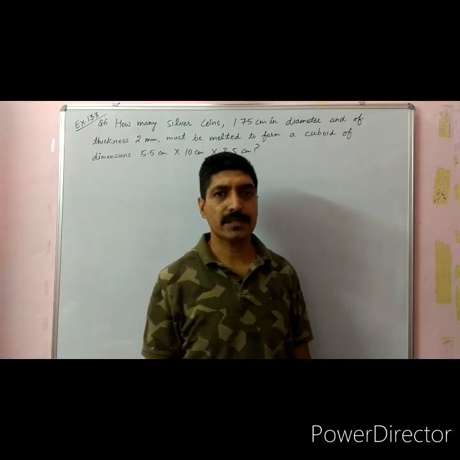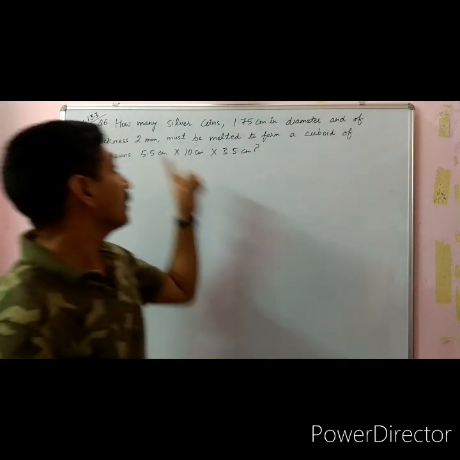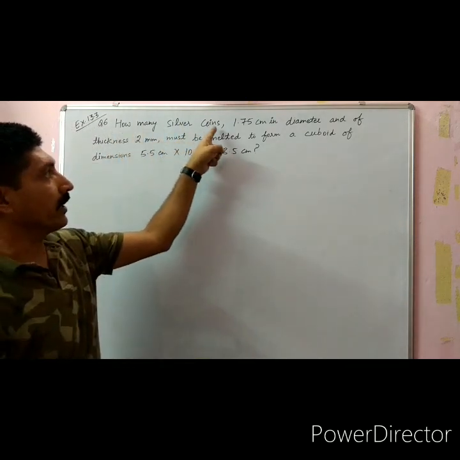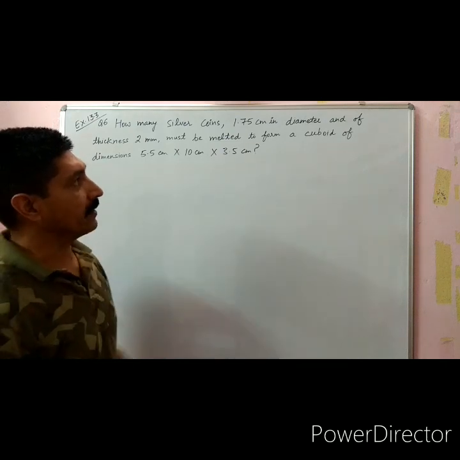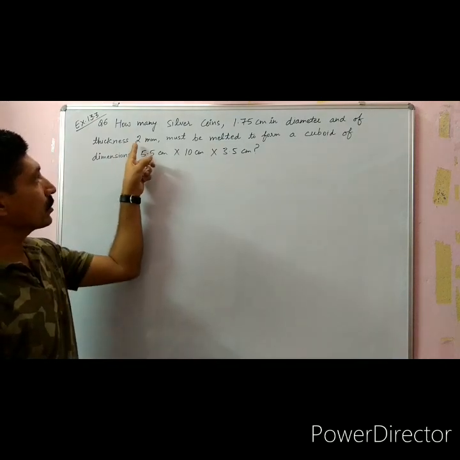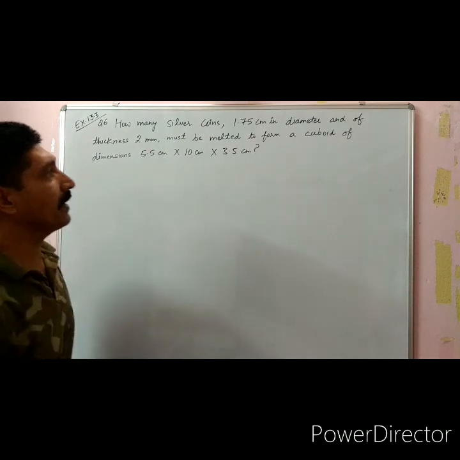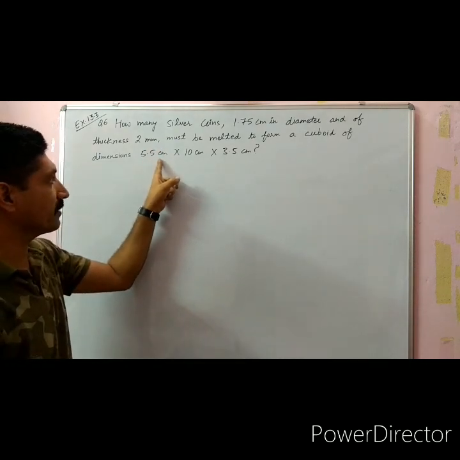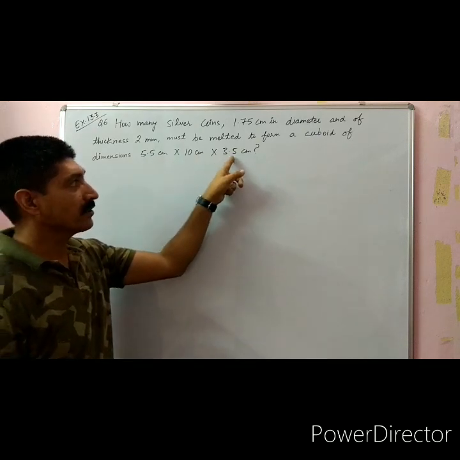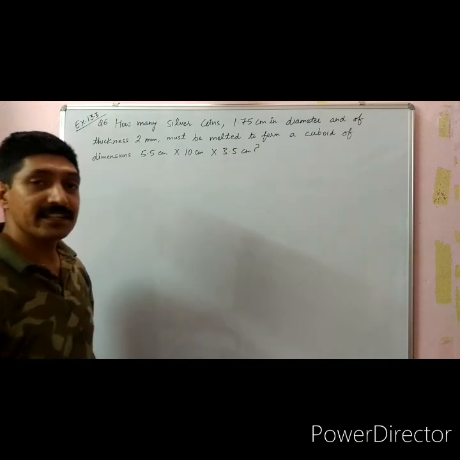Question number 6. The statement is, how many silver coins 1.75 centimeter in diameter and of thickness 2 mm must be melted to form a cuboid of dimension 5.5 centimeter into 10 centimeter into 3.5 centimeter.